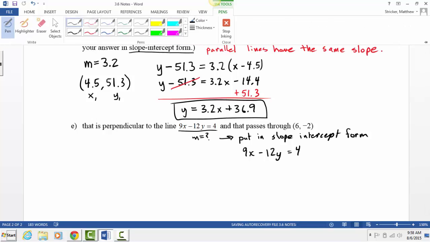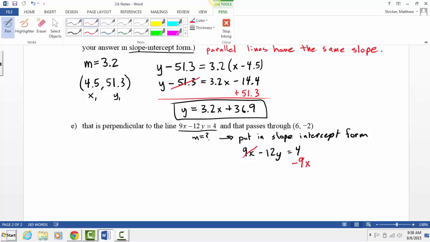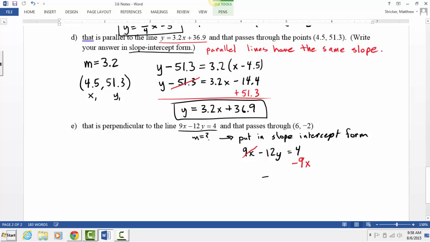We want to go ahead and change sides, change signs. So we're going to subtract 9x over there, which gives us negative 12y equals negative 9x plus 4. That's a positive 4. There's no sign in front of the 4 there. And then we want to go ahead and divide everything by negative 12. Everything. Negative 12, negative 12.